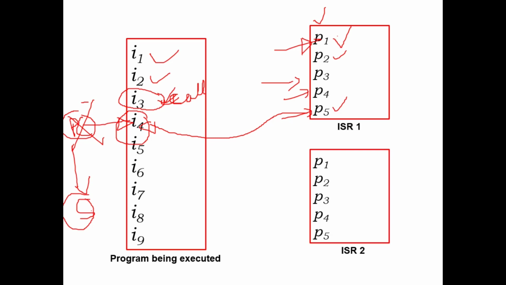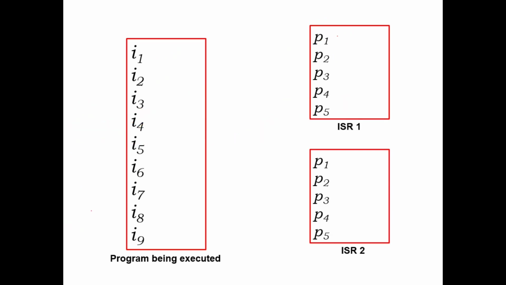Interrupts also work in the same manner. So now just imagine I1, I2 instructions are already executed. The processor is executing the I3 instruction. So PC is pointing to the I4 instruction, that is the next instruction to be executed.